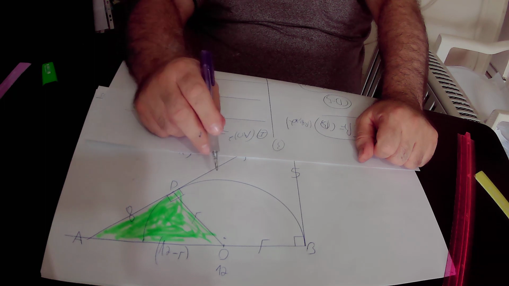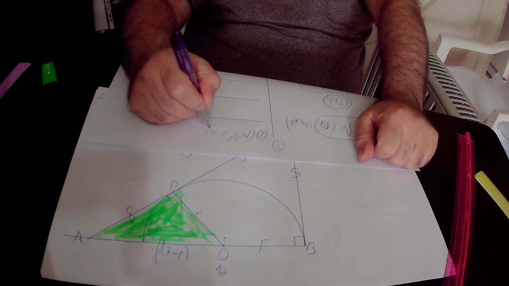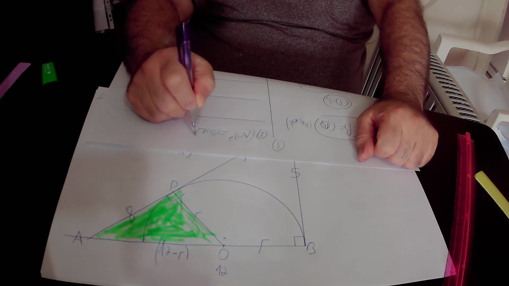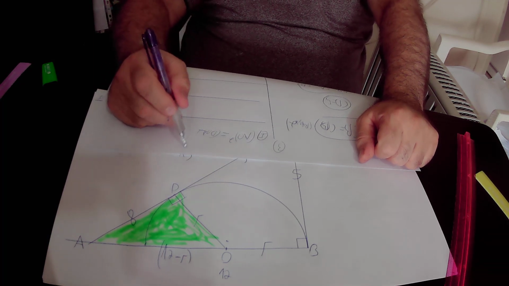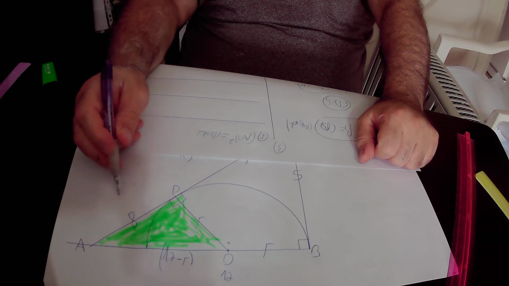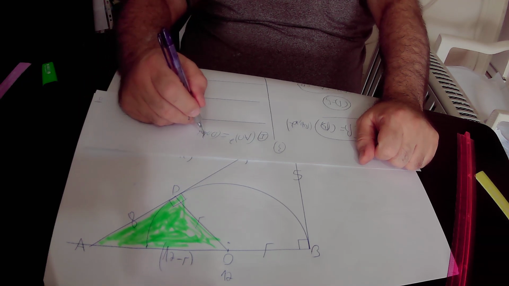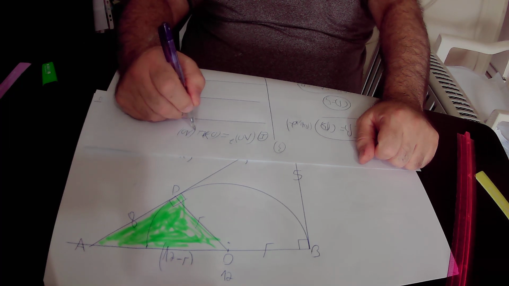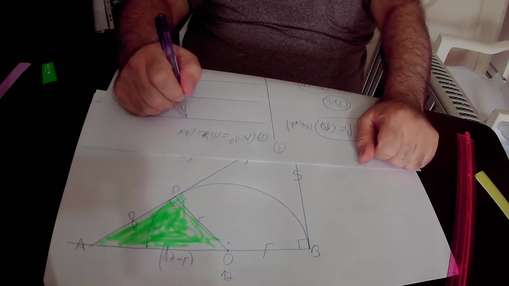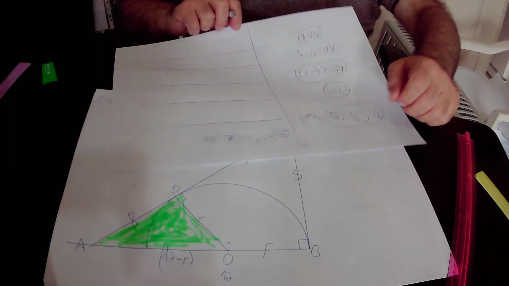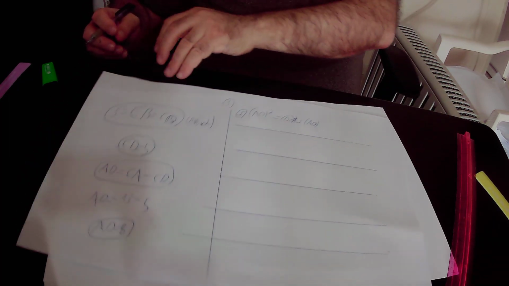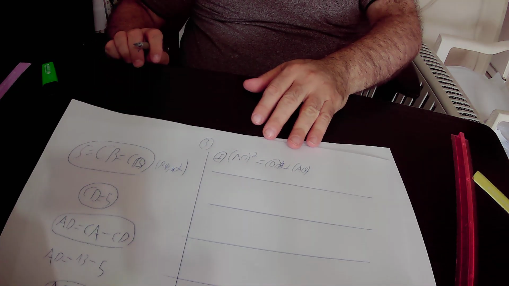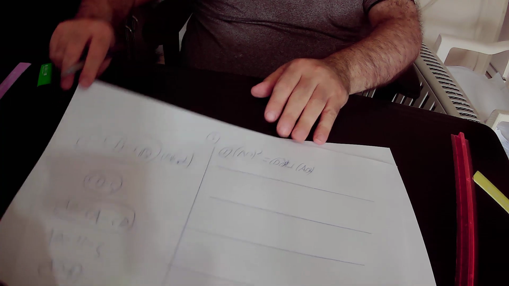That is to say, it equals DO square plus AD square. According to the Pythagoras theorem, in the green right triangle AOD, AO square equals DO square plus AD square.